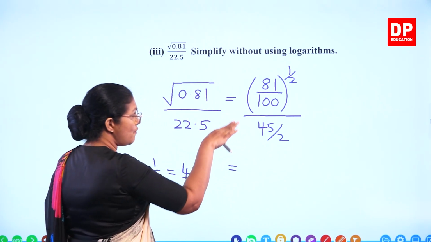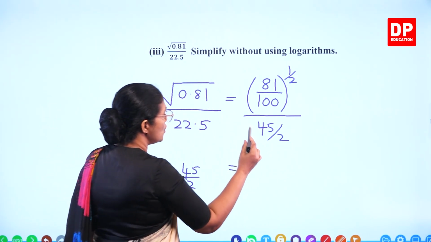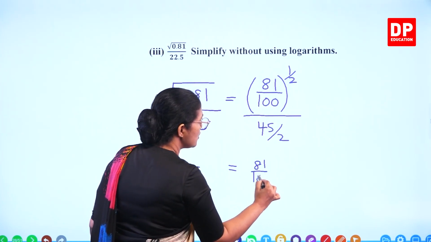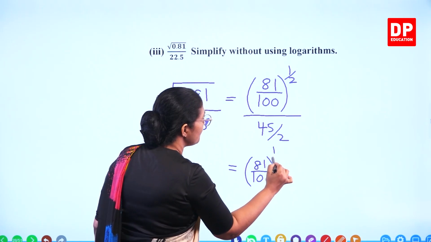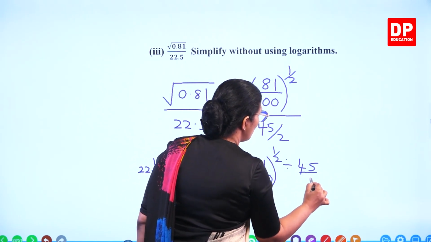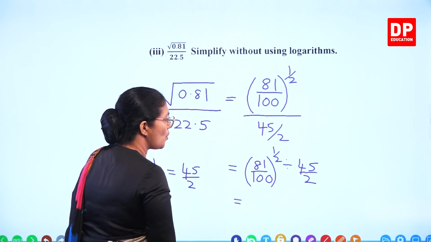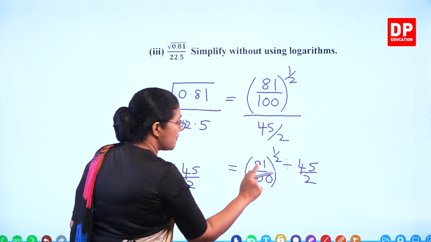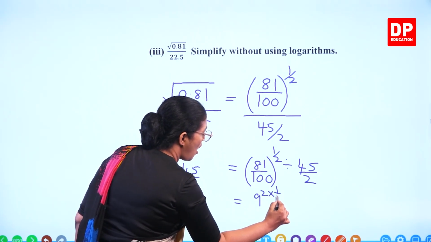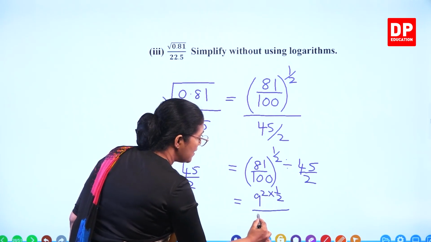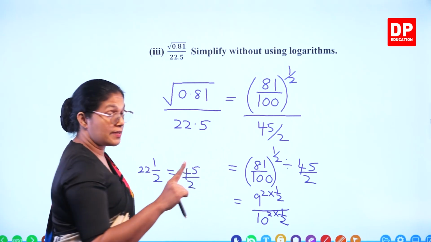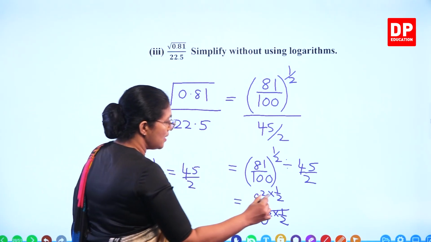Now division becomes multiplication. So 81 over 100 square root, divided by 45 over 2. I can write 81 as 9 squared into half, and 100 means 10 squared into half, because the square root you have to consider for both numbers.